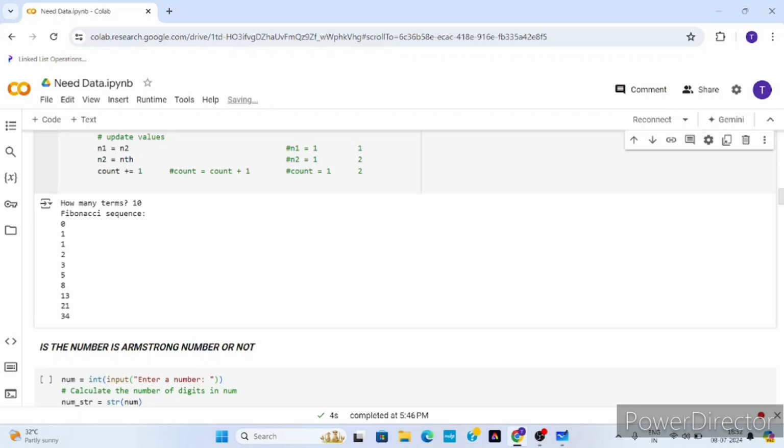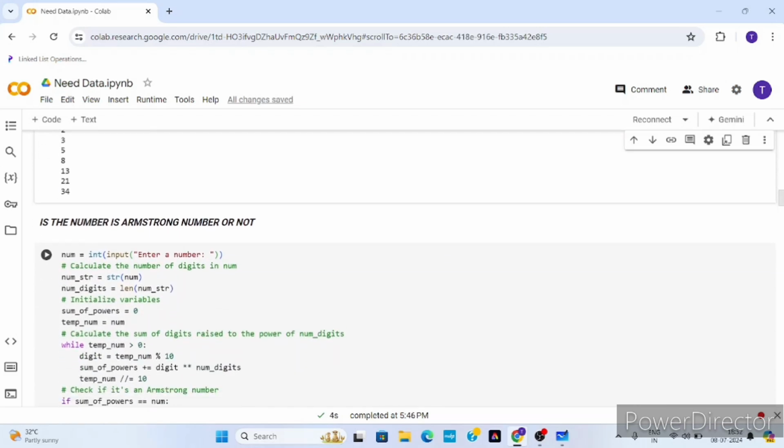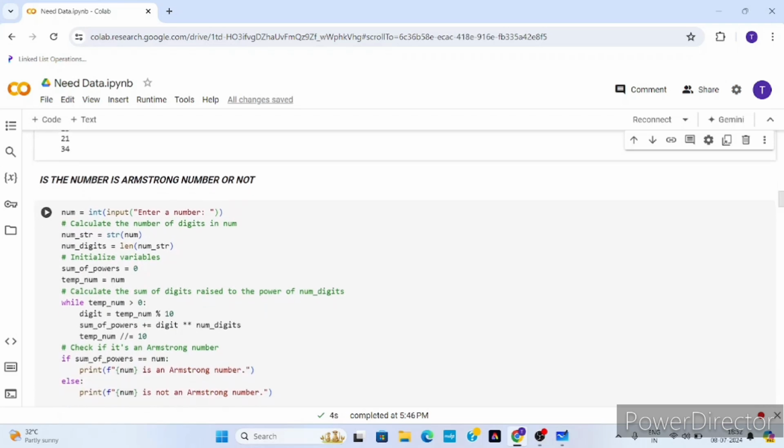The output starts from here, right? So from here we want to calculate these 10 values. Okay, and this is the Fibonacci sequence.